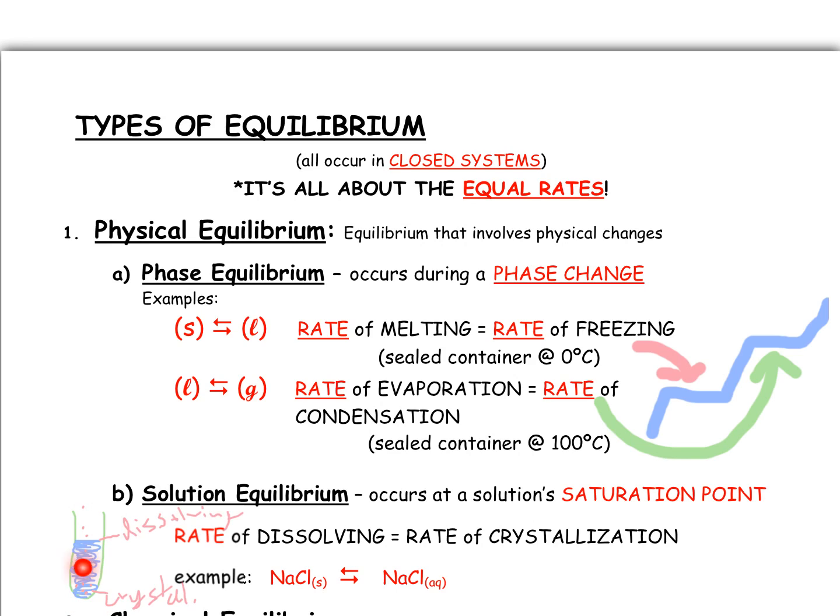Okay, because at a saturated point, all of these water molecules have separated everything as far as they can. They can't separate anymore. They can't take on any more solute. So when you added more solute up here, that created it so the water down here was no longer able to hold the solute. If it can't hold the solutes apart from each other, they crystallize into the crystal. So this is yet another physical equilibrium. Equal rates here, equal rate of dissolving to equal rate of crystallization.